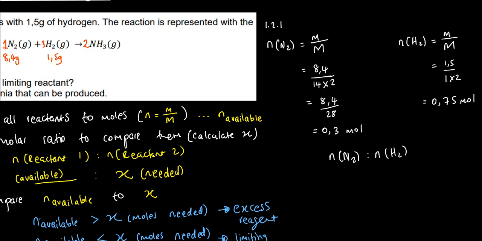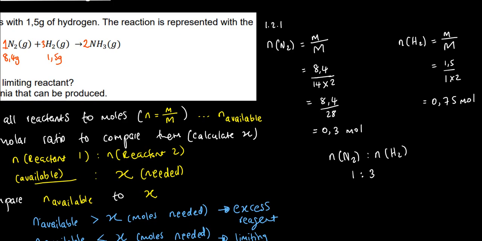Now we need to substitute the available and then the needed. We need to calculate the needed. So guys, at this stage, let me tell you something. You can either make nitrogen X and then have the moles of hydrogen here.